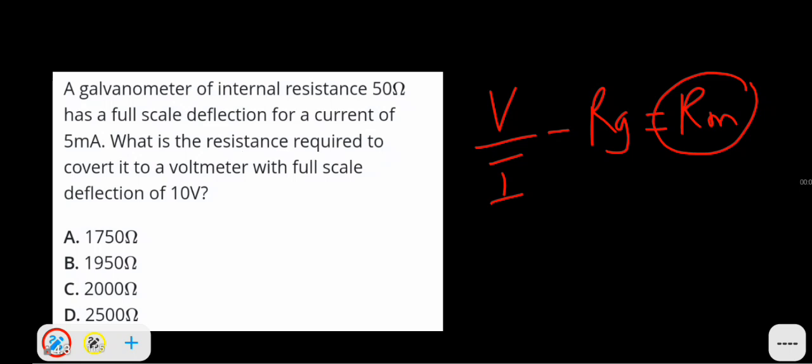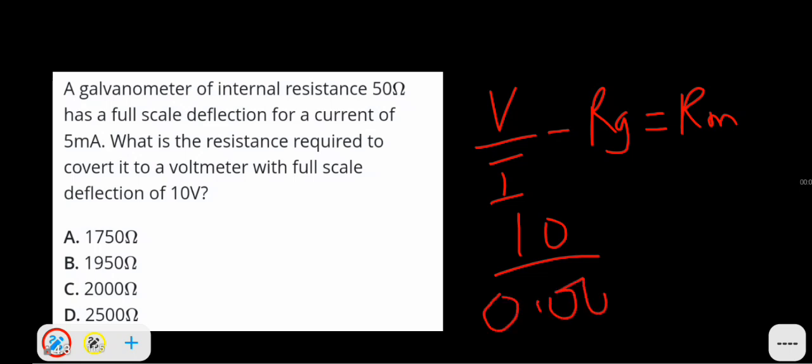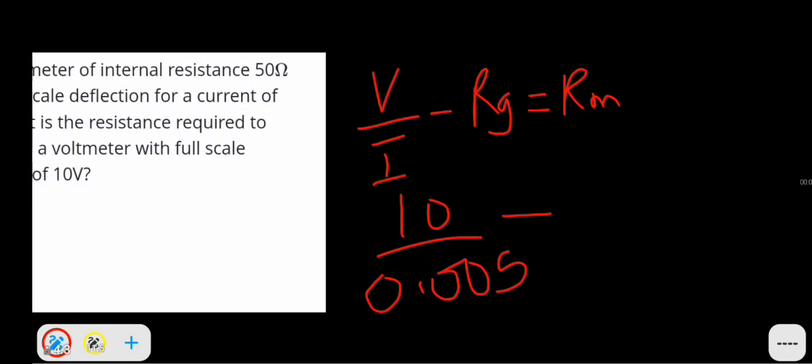Okay, so let's check it out. What is V in this question? V is 10, it's right there. So I'll just say 10 divided by I, which is 5 milliampere, 0.005, minus my Rg, which is in the question too, that is 50, equals Rm.